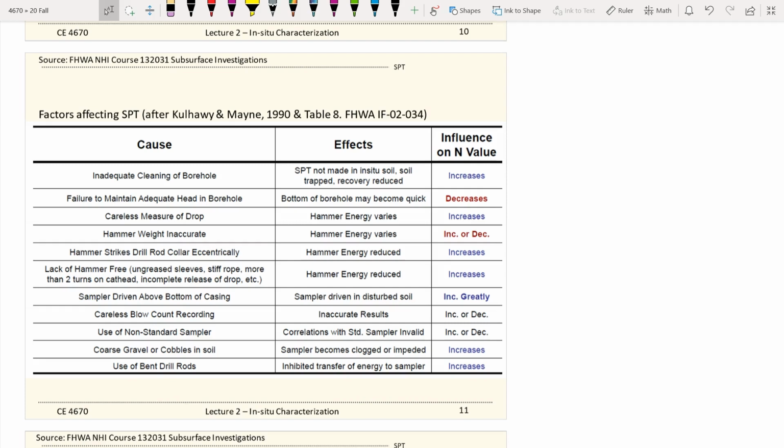For example, if the borehole is not clean enough, then your SPT may not be accurate, and you may have a false N value that becomes too large.